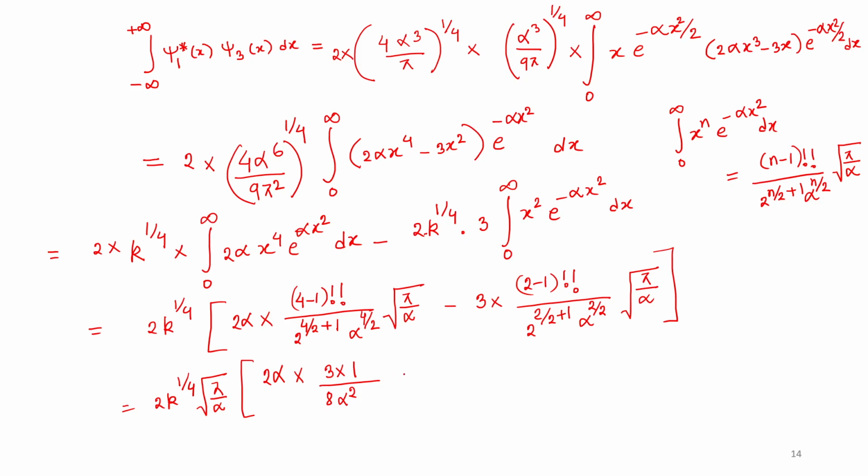Okay, interesting. Alpha square minus 3 into 1 double factorial, which is 1, by 2 to the power 2, which is 4, alpha.